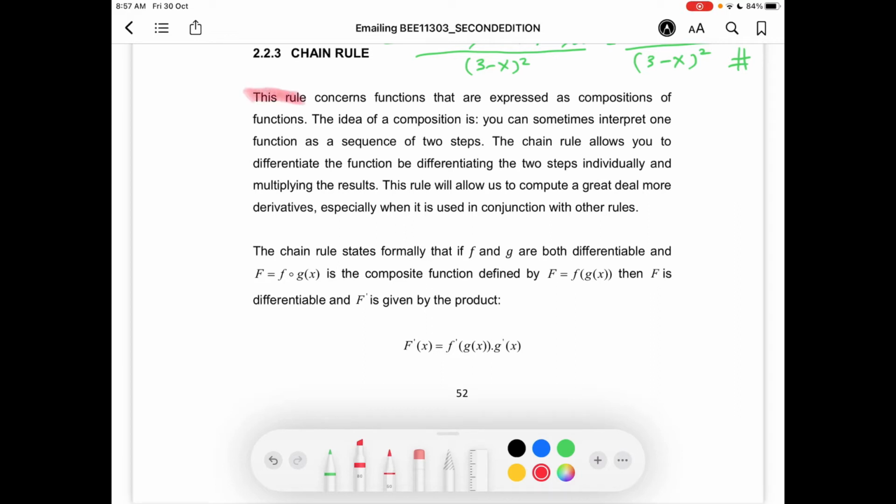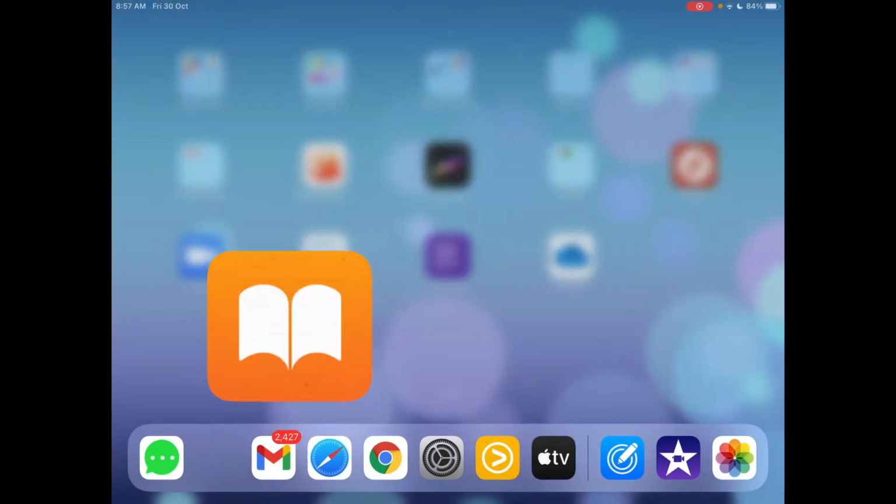This rule, or chain rule, concerns functions that are expressed as compositions of functions. So it means that you can only apply the chain rule if that function is a composite function. Now, what is a composite function?